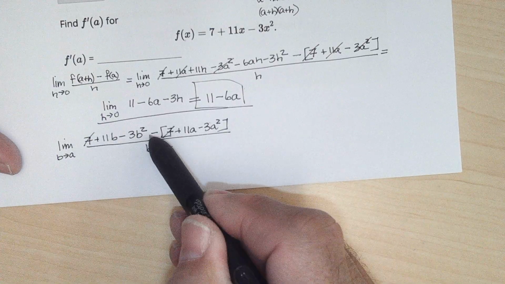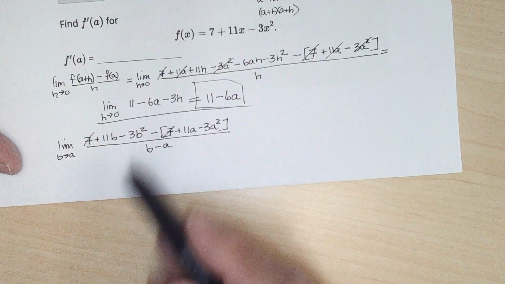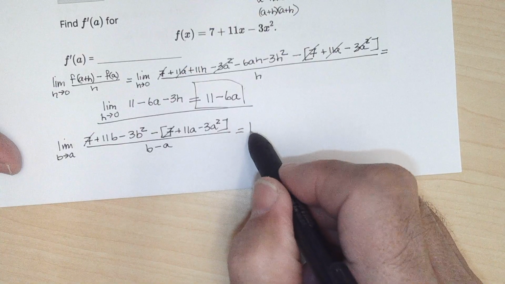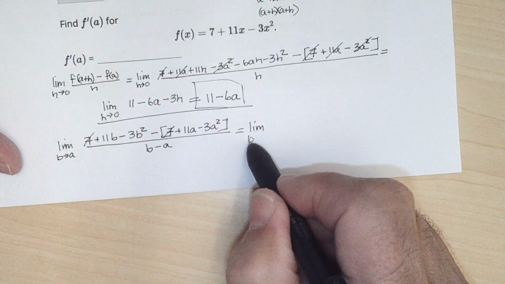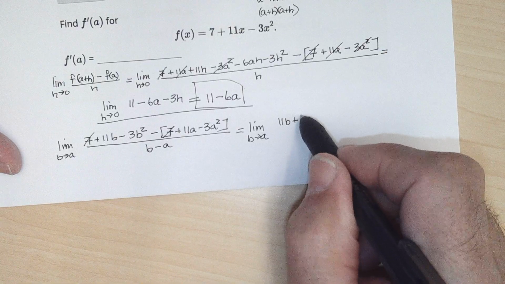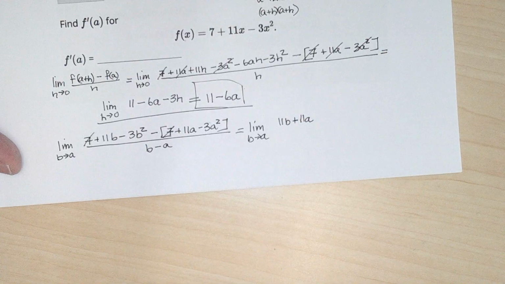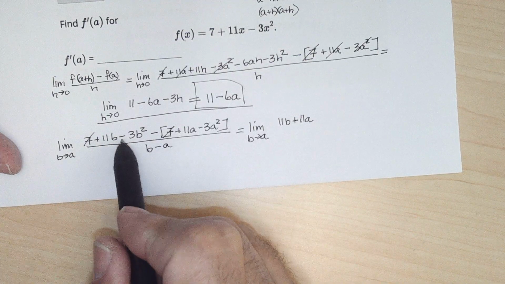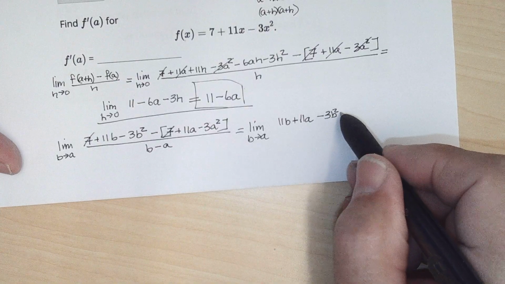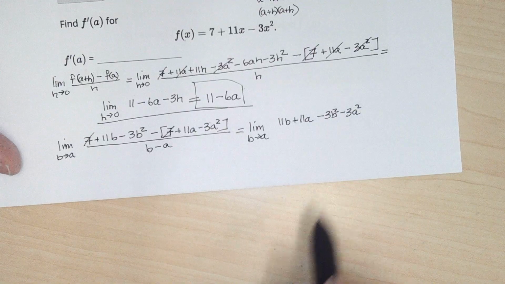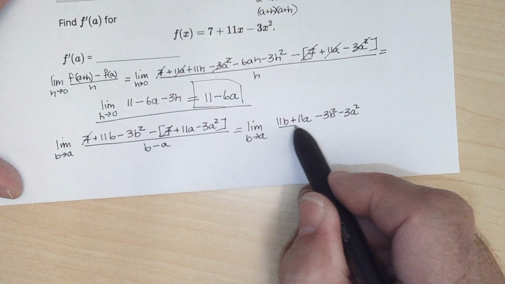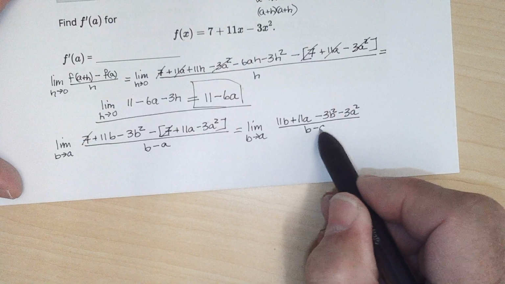The 7's cancel because it's 7 minus 7. I get 11b plus 11a, and I get minus 3b squared minus 3a squared, over b minus a.